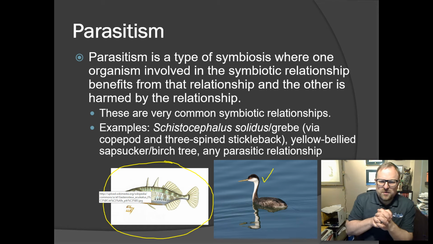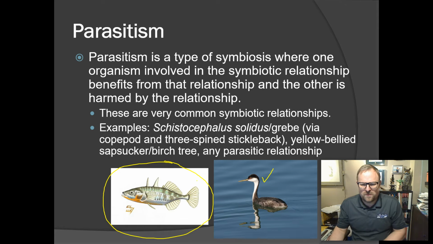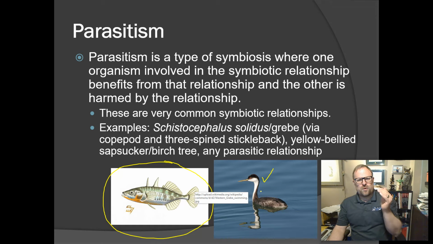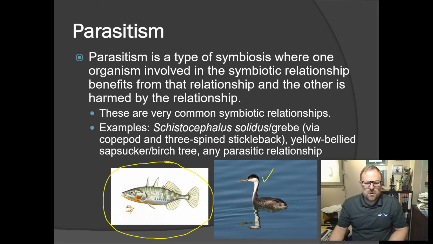So the Schistocephalus, let's start with its adult form, the adult tapeworm form. The adult tapeworm form starts inside a grebe. A grebe has gone and eaten a fish. Grebes are fish-eating and invertebrate-eating birds, and so the grebe has eaten this little stickleback.